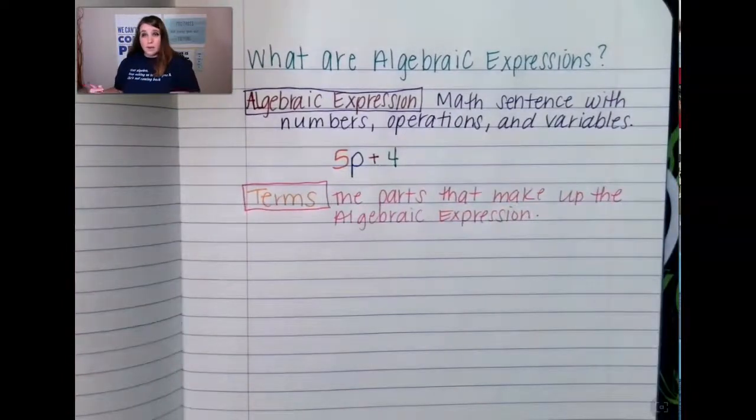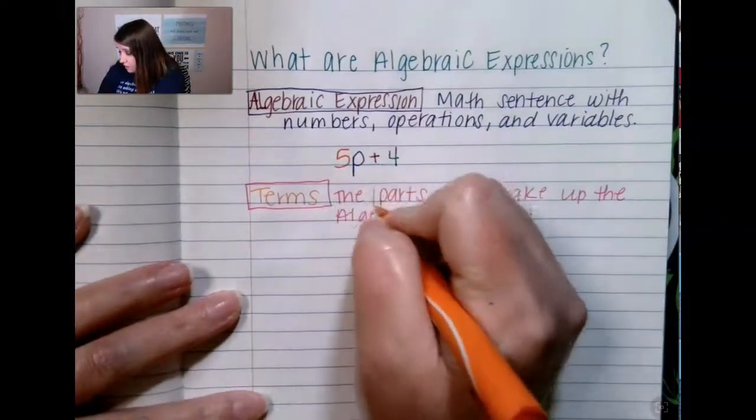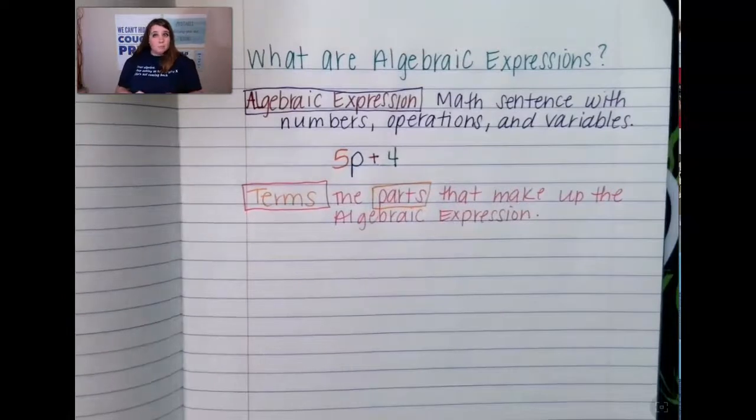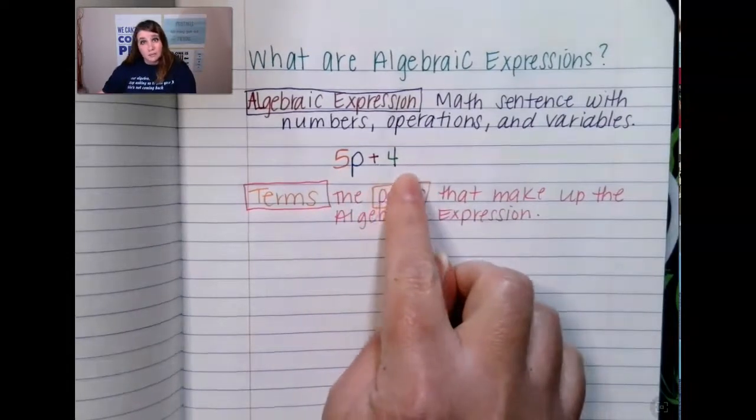Now, if you don't have the terms, if you don't have those parts, you don't have the ingredients to make that math sentence. Okay, so terms are the parts or the pieces. Without them, you don't have that math expression. So let's talk a little bit more about the word terms and break this down a little bit more, because each of these terms is called something.